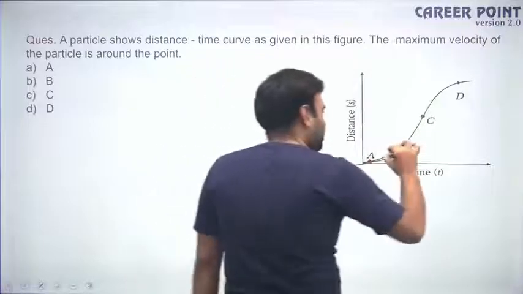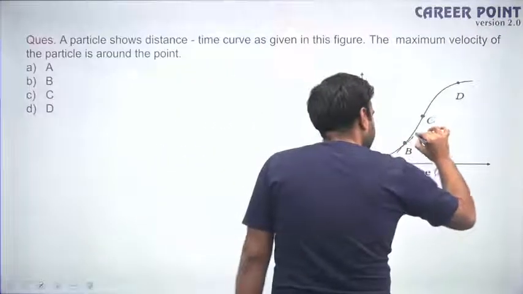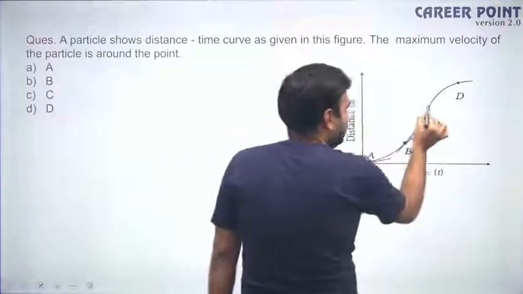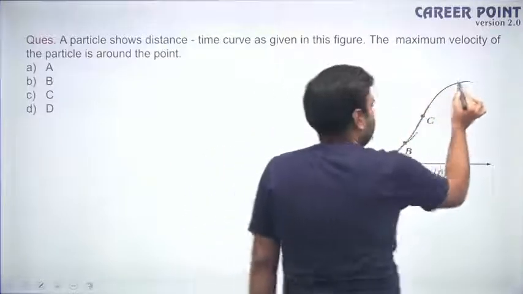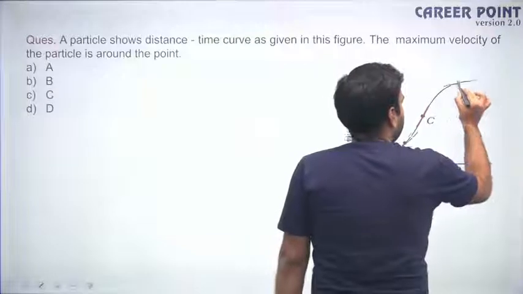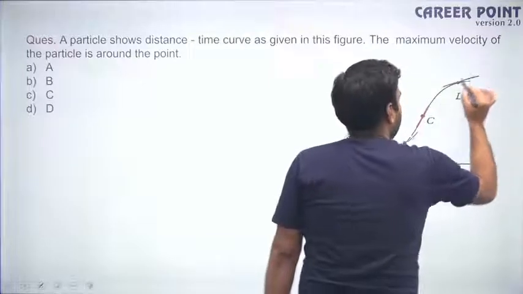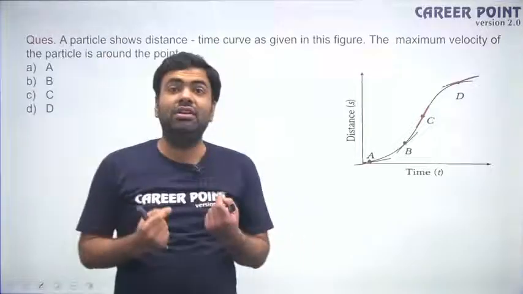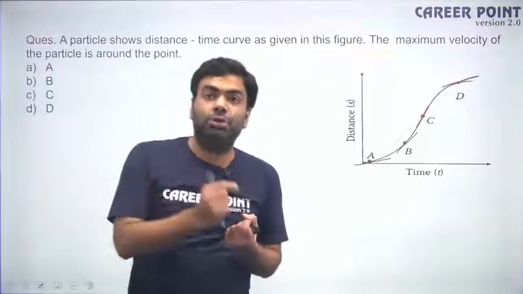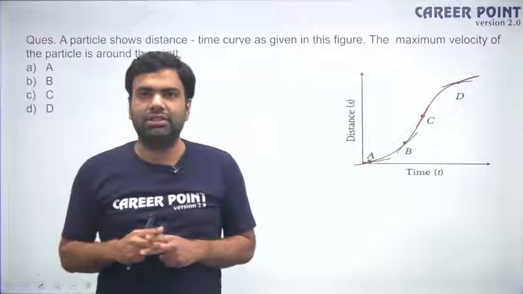At point B, like this. At point C, like this. At point D, like this. So which point's tangent has the maximum angle between 0 to 90 degrees? That will be the answer.